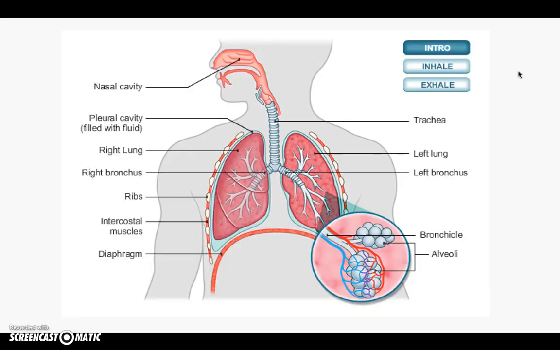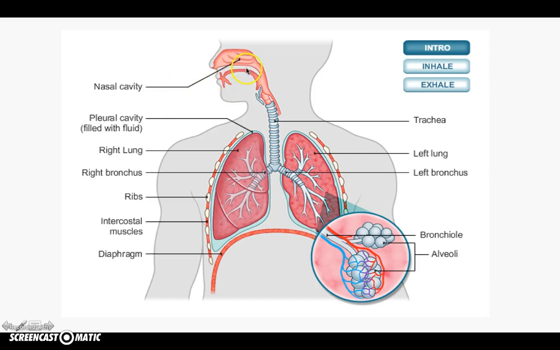First of all, let's just quickly go through the structure of the respiratory system. We're not going to go through the function. The reason we're doing this is because we've already spoken about the mechanics of breathing, which we're going to go into in a little detail here to then finally get to the gaseous exchange process. First of all, we breathe air in through the nasal cavity, as well as the mouth.